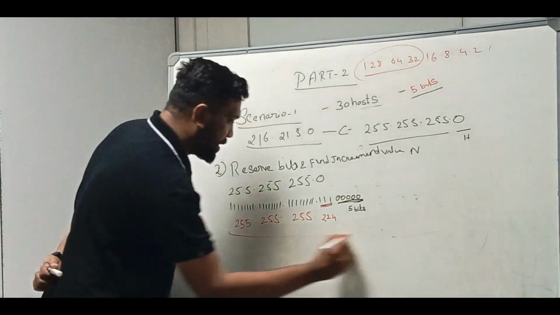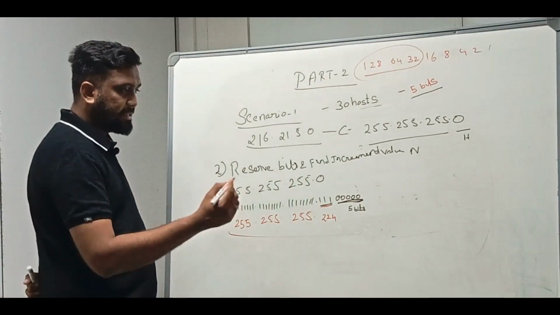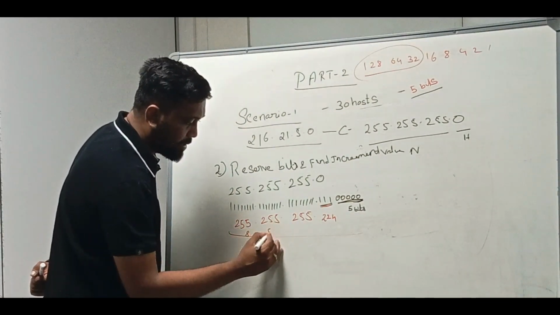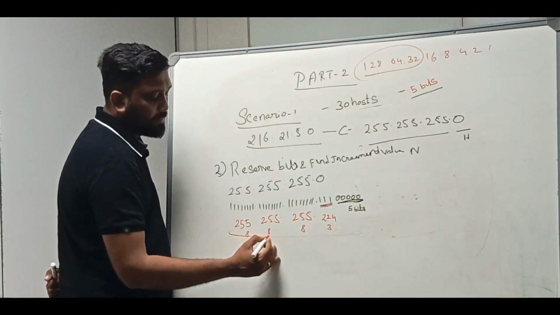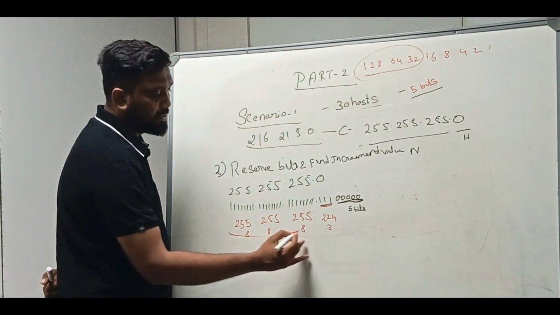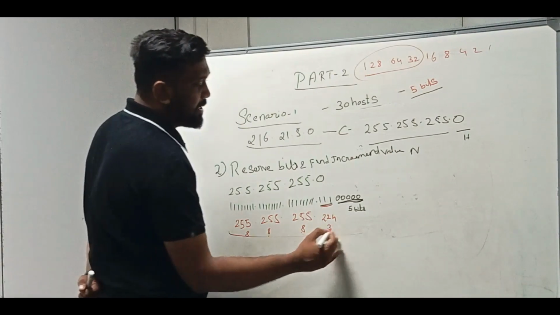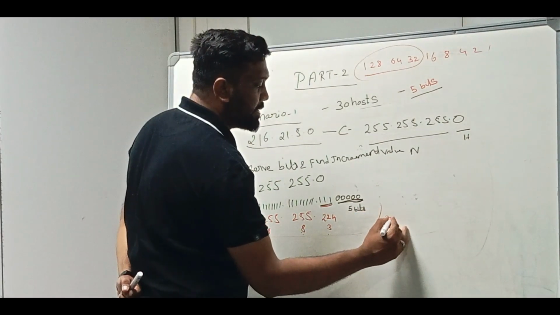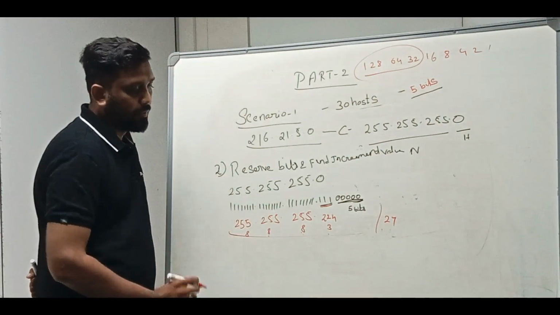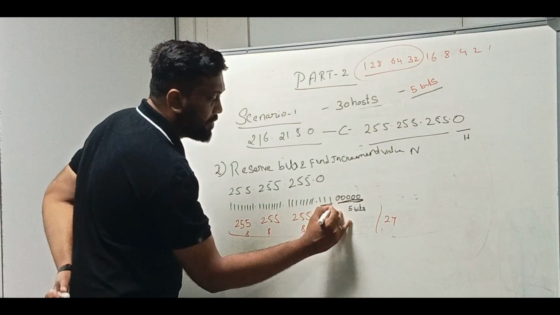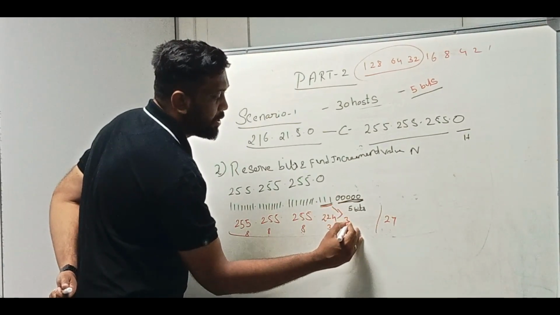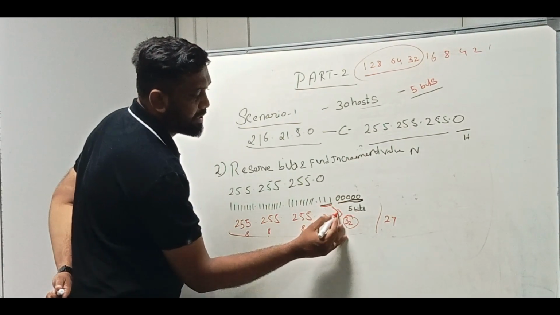Now we found the subnet mask also, and then what is the CIDR value? 8, 8, 8, 3. 8 plus 8 is 16, 16 plus 8 is 24, 24 plus 3 is 27. Now we found the CIDR value also. We found the increment value. The increment value is 32.